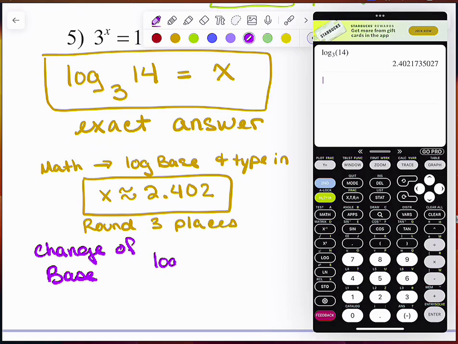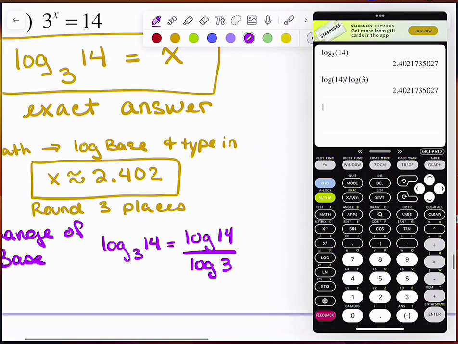So log base 3 of 14 is the same as typing in log 14 divided by log of 3. So I'm just going to use the log 14, close parenthesis, log of 3, close parenthesis. I get exactly the same answer.